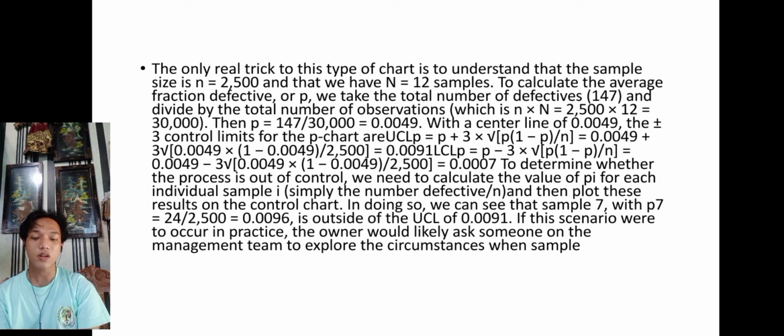To determine whether the process is out of control, we need to calculate the value of p_i for each individual sample, simply the number defective divided by n, and then plot these results on the control chart.